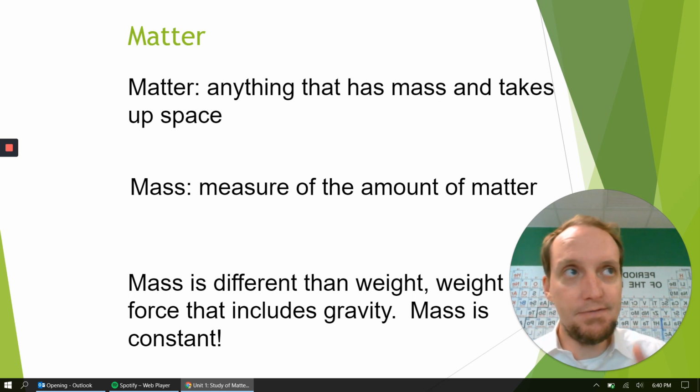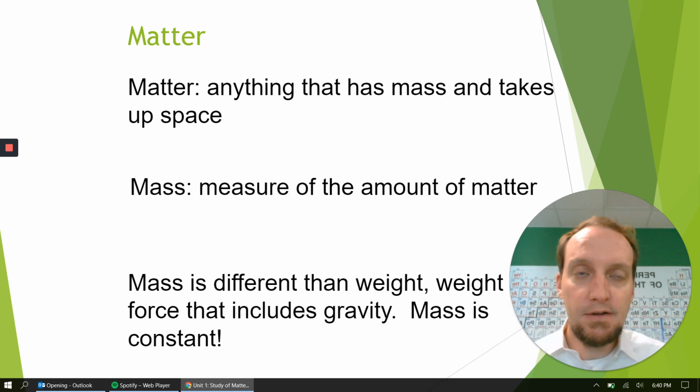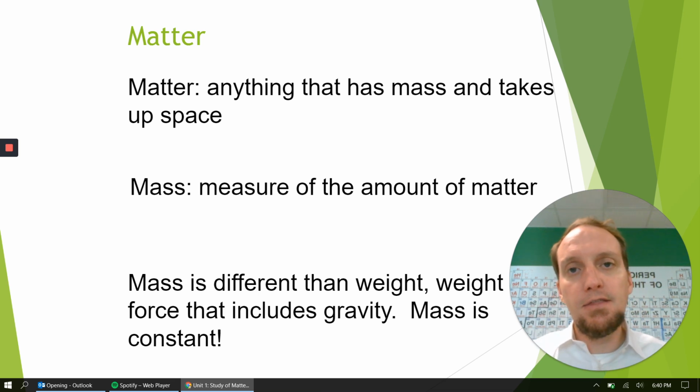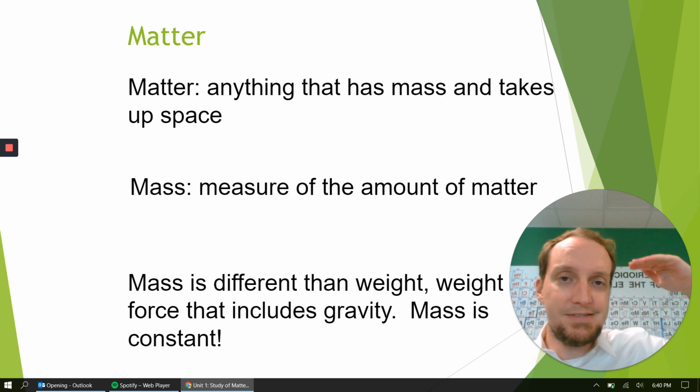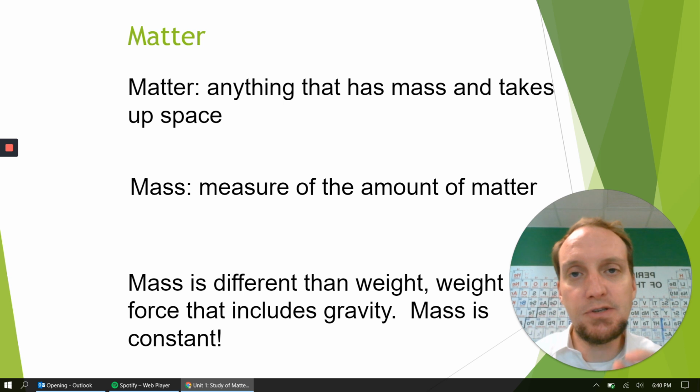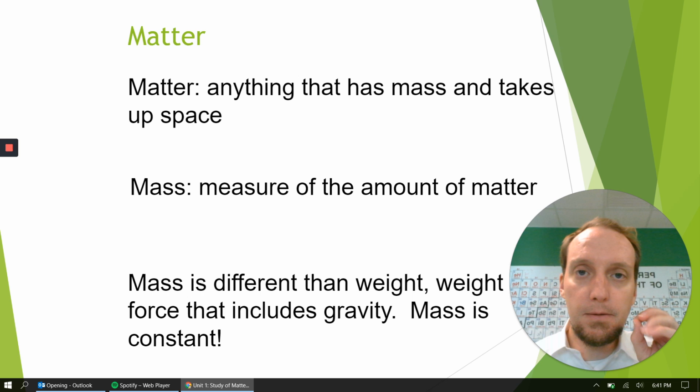If I went to Saturn, one, I would get killed because the gravity is too great, but let's just say we could be on Saturn. The gravity is so immense that my weight would be astronomically higher, but the amount of mass I would have would still be the same as on the moon or on Earth. So again, the difference between mass and weight is the amount of gravity that is pulling on that mass towards the center of our planet.